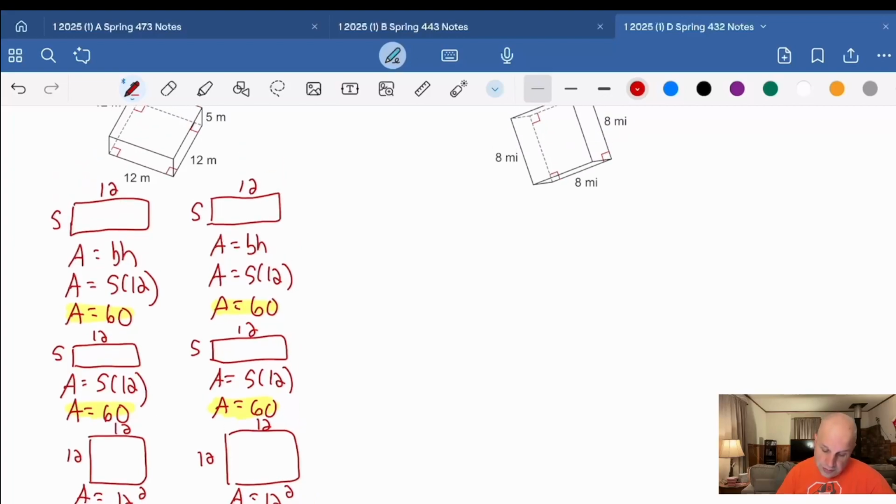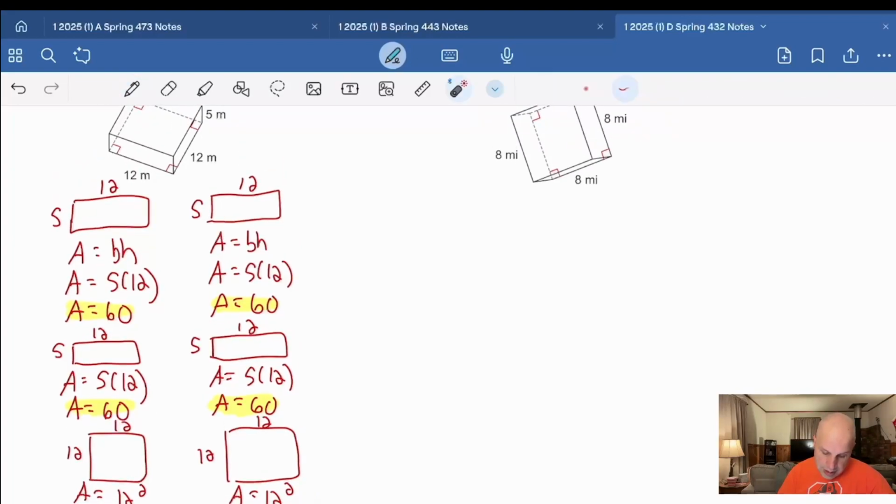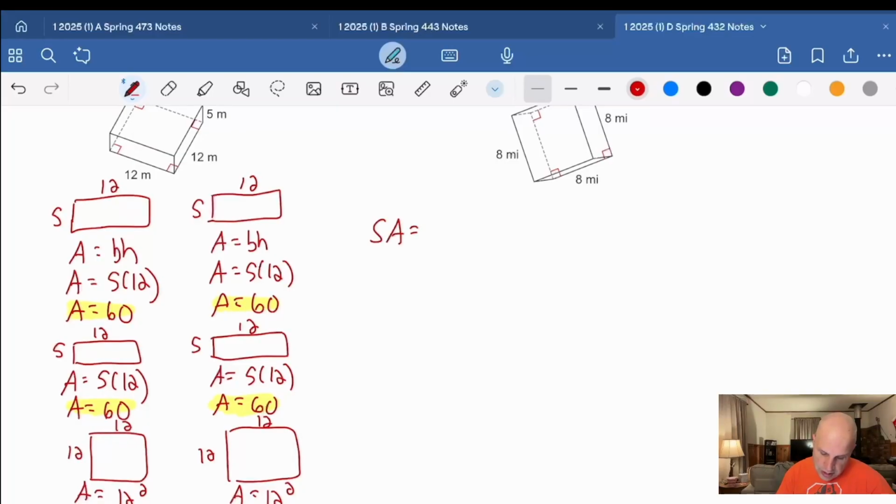Now, to get my surface area, we're going to take the sum of all 6 areas of those 6 rectangles. So my surface area is going to be 60 plus 60 plus 60 plus 60 plus 144 plus 144.